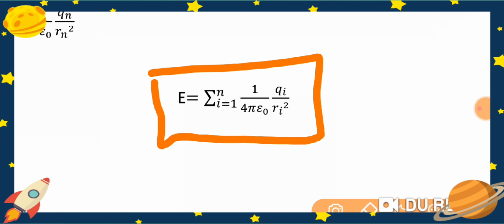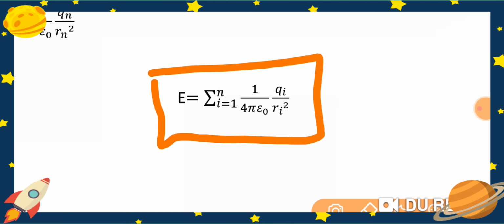The principle of superposition is applicable in each case in which we have more than two charges in any symmetry, like in a triangle form, a cube or a square. So we can simply apply the principle of superposition and find the electric field.